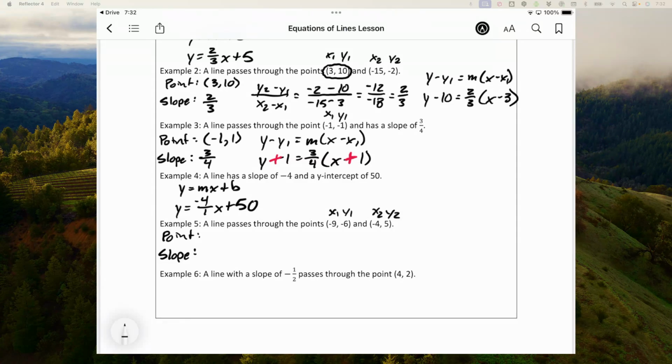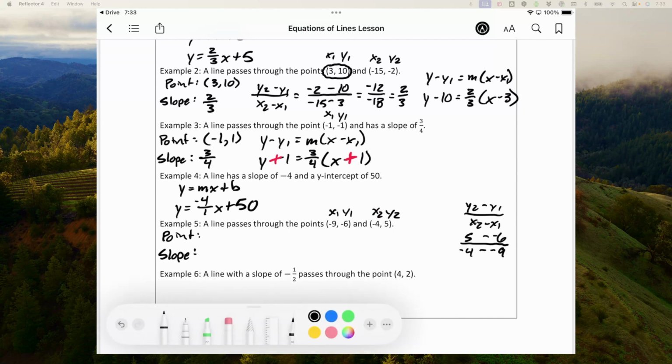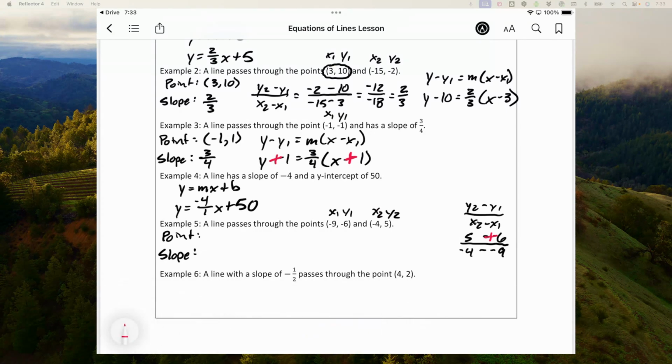The slope is going to be y2 minus y1 over x2 minus x1. y2 is 5, y1 is negative 6, x2 is negative 4, x1 is negative 9. The double negatives I can change to be positive. And so I get 5 plus 6 is 11, over negative 4 plus 9 is 5. So 11/5 is our slope.